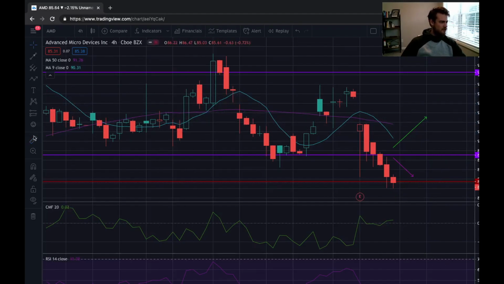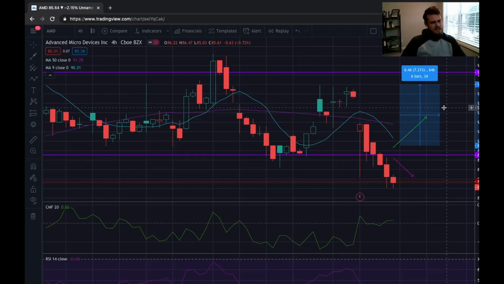Versus if we had just waited for an arbitrary candlestick close above the support line right here, let's just pretend it's at the $89.50 level or around there, that would have probably gained us at least a couple more percentage points on this trade. So I guess at the end of the day, it's a trade-off.